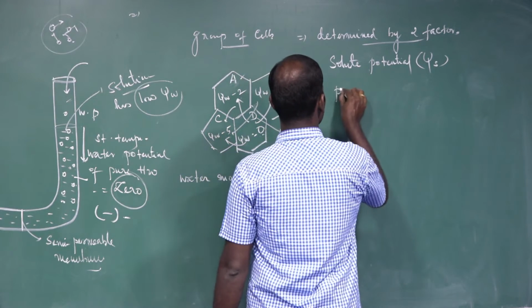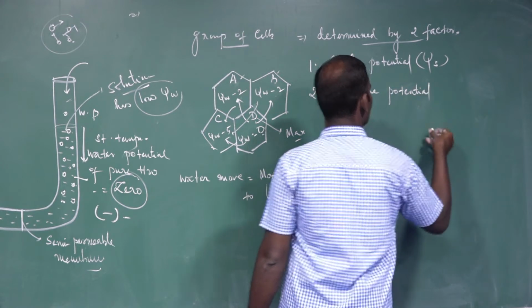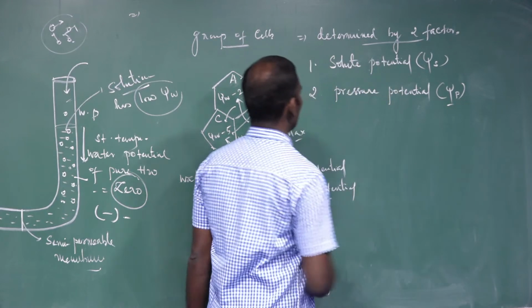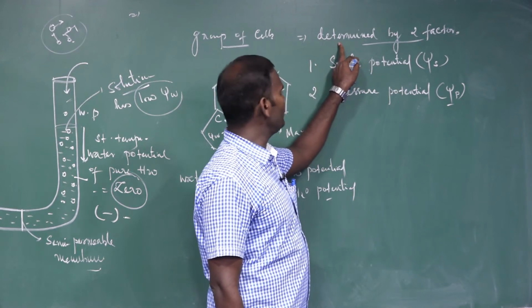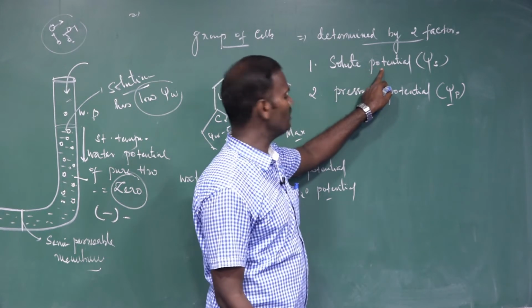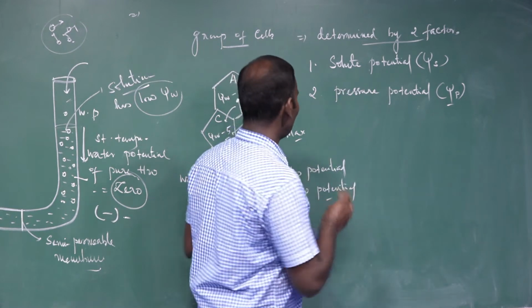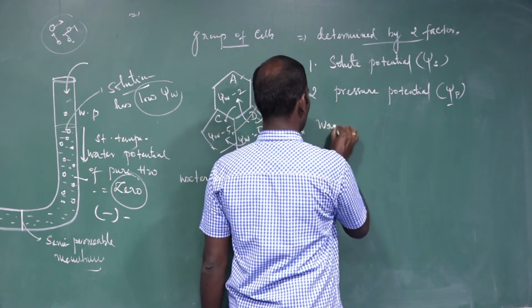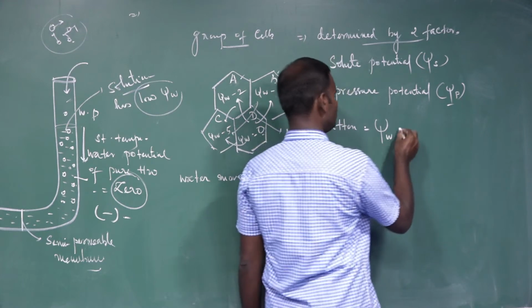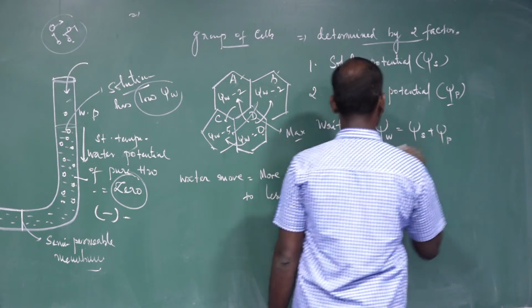The second one is pressure potential, denoted as psi P. P refers to pressure. So water potential can be written as: psi W, the water potential, is equal to solute potential plus pressure potential.